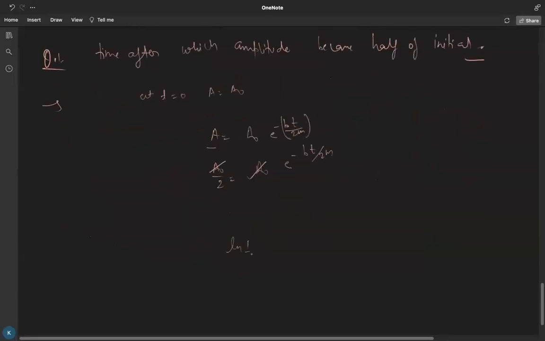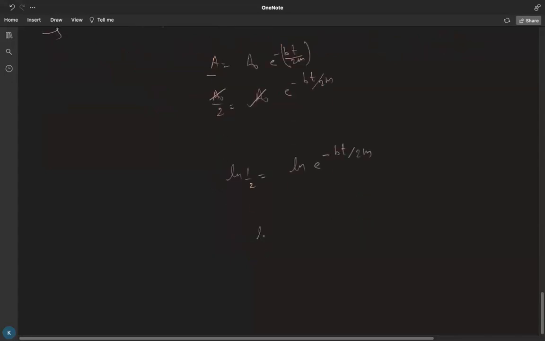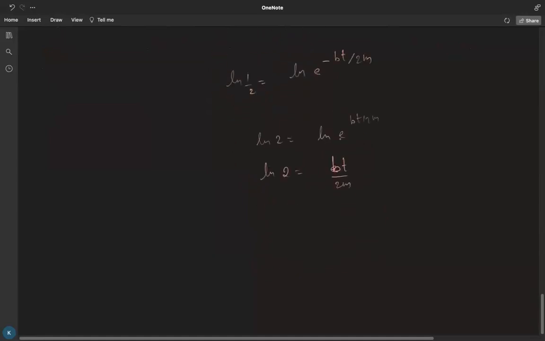So it will be ln 1 by 2 is equal to ln e to the power minus bt by 2m. Actually, ln 1 by 2 is minus ln 2, so we can write ln 2 is equal to bt by 2m, because we are using the log property.